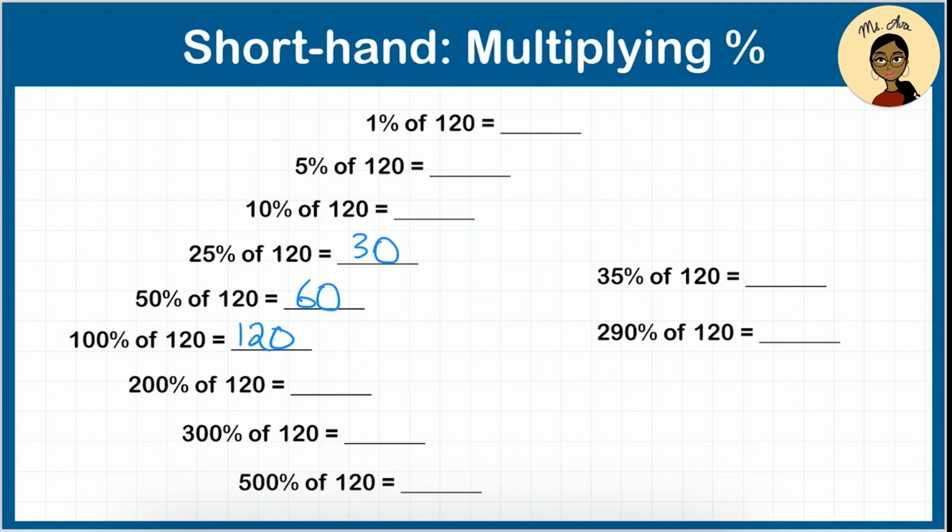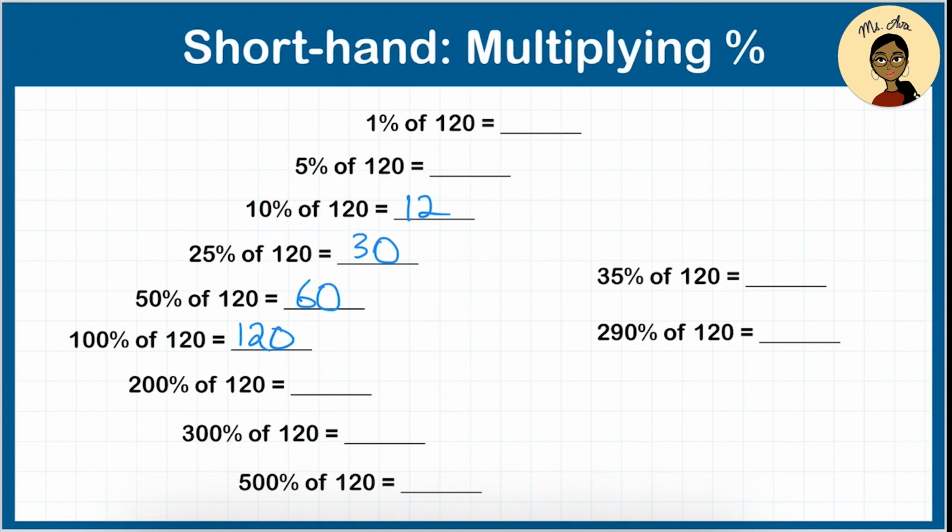But in this one, 10% of 120 just means that you move the decimal place over 1. So right now there's an invisible decimal right here, and you move it over, and so it becomes 12. Yes. Okay, good.